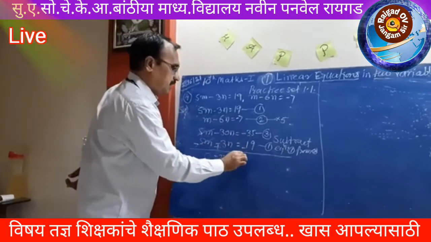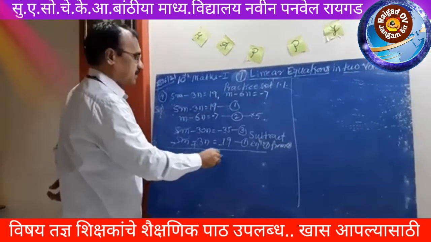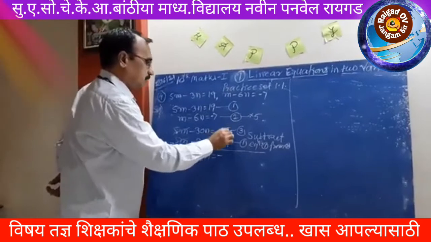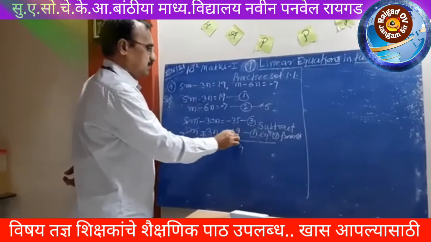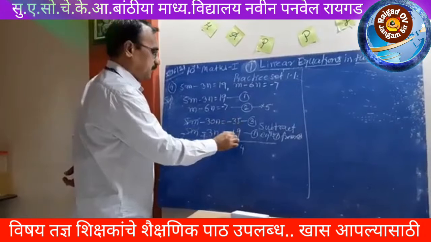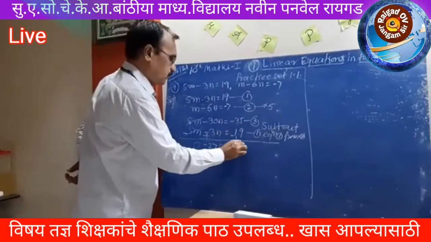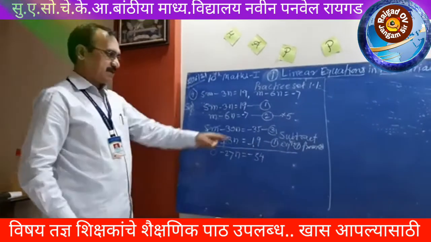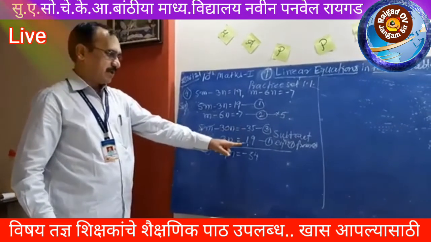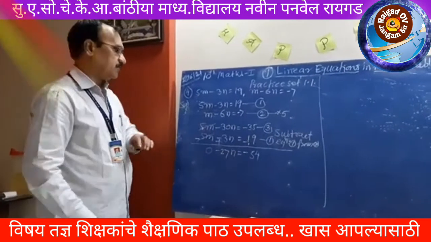Same signs, addition, the same sign will be there. 9 plus 5, 14, carry 1, and 3 plus 2 is 5, means minus 54 is the addition of minus 35 and minus 19.